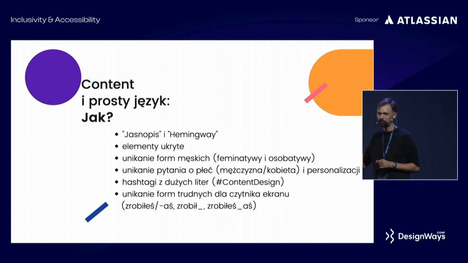We changed the names. It's not going to be H1, H2, H3, because this should refer to the structure of content and not the font size. They are two different things. Another case is avoiding male-female forms, using personal forms instead. This includes more people in our target.